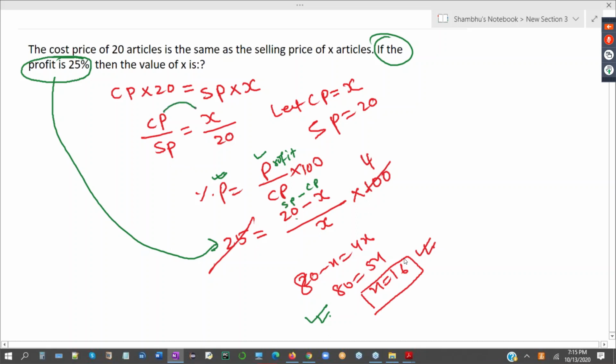Profit means selling price minus cost price. Cost price is X. Selling price is 20. Here I have written it. Profit is selling price minus cost price divided by cost price into 100. That 100 you can see here, it is already there. 25 by 100, again you don't have to write.